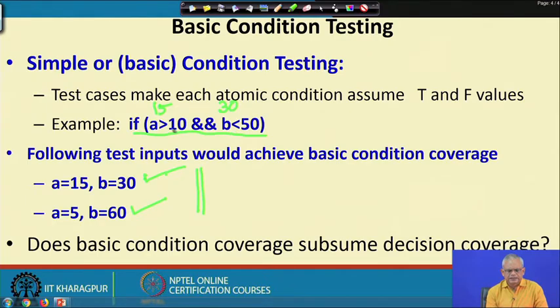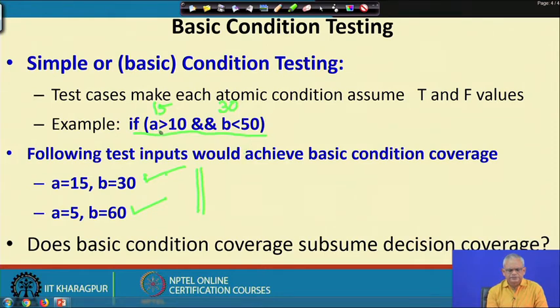Let us say A is greater than 10 and A is less than 5. For that condition, there is a dependency between the two sub expressions and it becomes difficult to design the test case. It cannot be at the same time greater than 10 and less than 5. But if we have independent clauses, we should be able to design basic condition testing, and how many test cases would be needed?